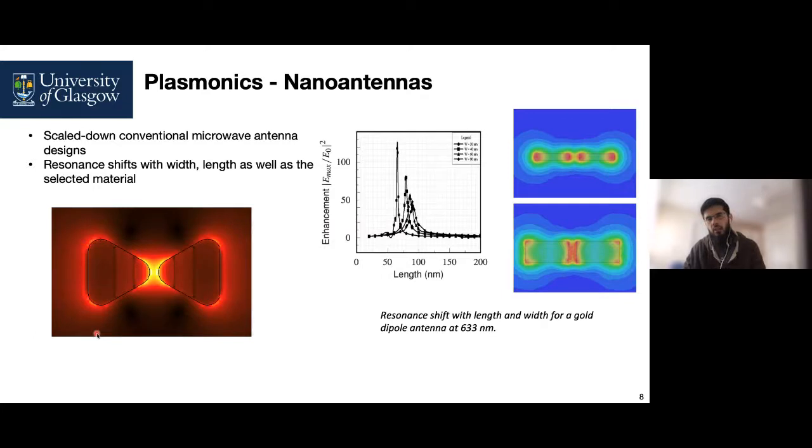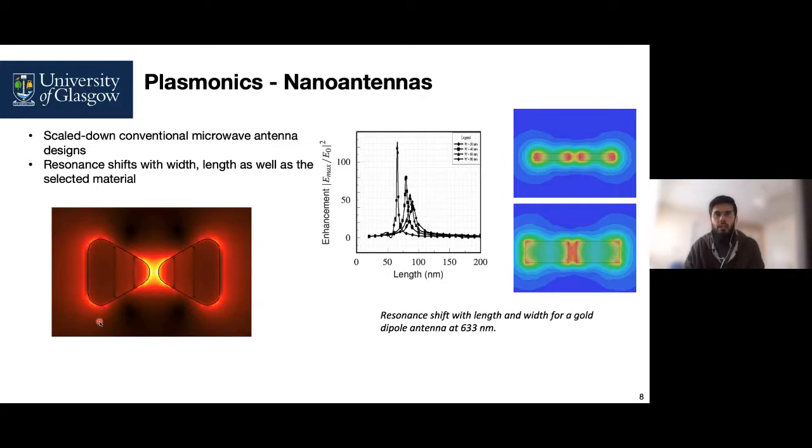On the other hand, in nanoantennas, we can shift the resonance not only by changing the length of the antenna, but also the width of the antenna, as well as by changing the material properties of the material from which the antenna was built.